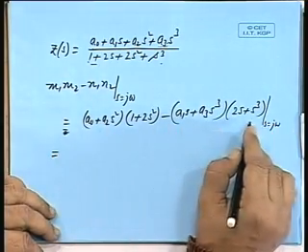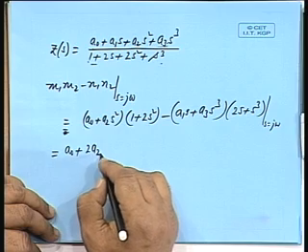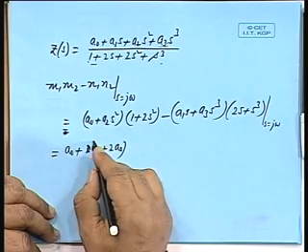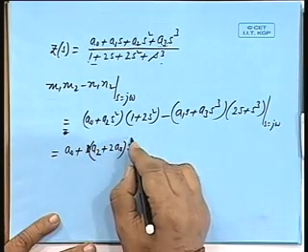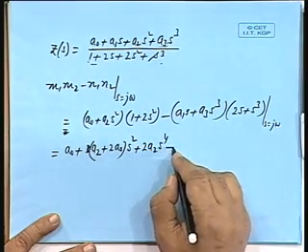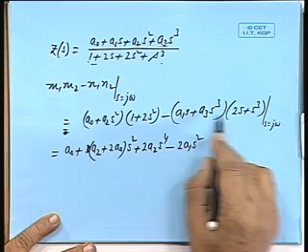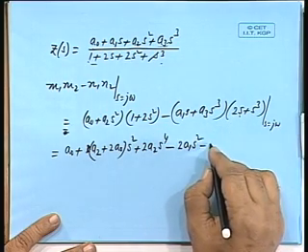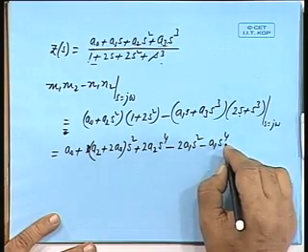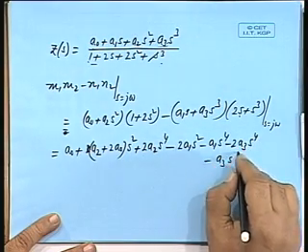So that gives me, let us simplify this, a0 plus a2 plus twice a0, into s squared, plus twice a2 s to the power 4, minus twice a1 s squared, minus a1 s to the power 4, minus twice a3 s to the power 4, minus a3 s to the power 6.